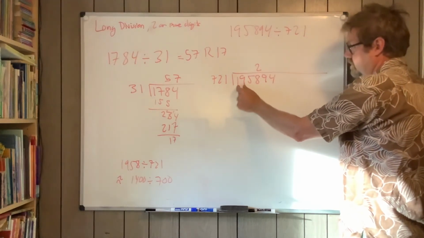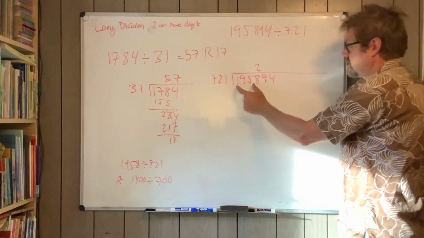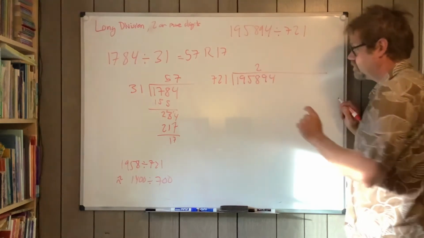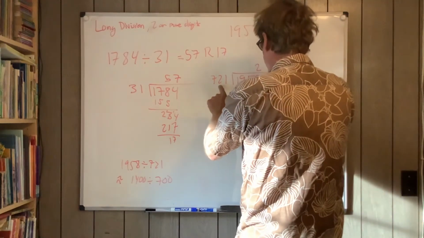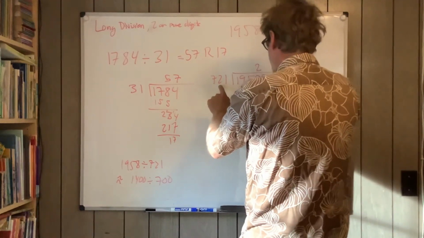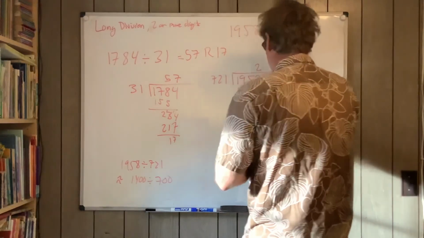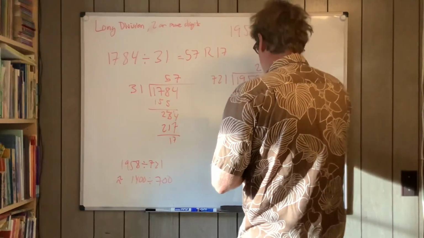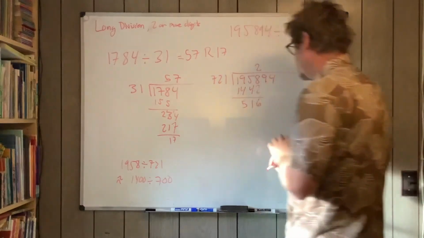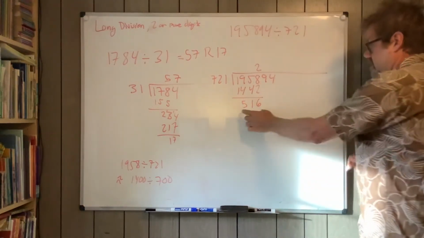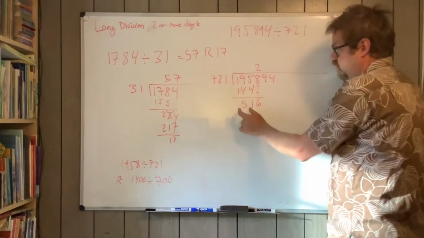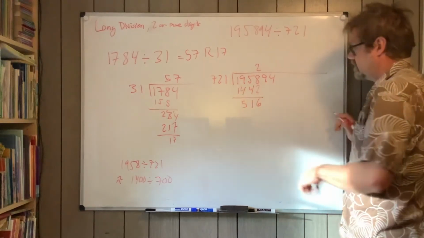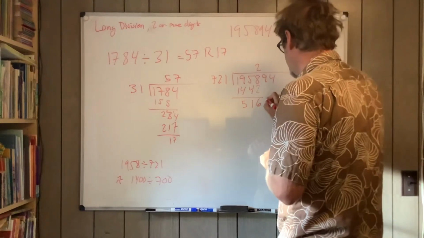Didn't go into 1, doesn't go into 19, doesn't go into 195, goes all the way to there, so that's 2 there. 2 times 1, 2, 2 times 2 is 4, and then 2 times 7 is 14. 6, 1, 5. Again, that has to be between 0 and 720, so that looks pretty good. Bring down the 9.